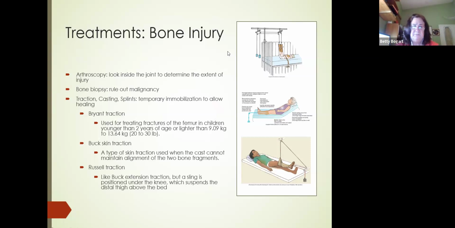And then Russell traction is the one on the bottom. It's like Buck's traction, but there's an extra piece, a little wrap underneath the knee or the upper leg, and it pulls again for a fractured femur, keeping those bones straight to prevent pain, prevent muscle spasms, and to start the healing process.